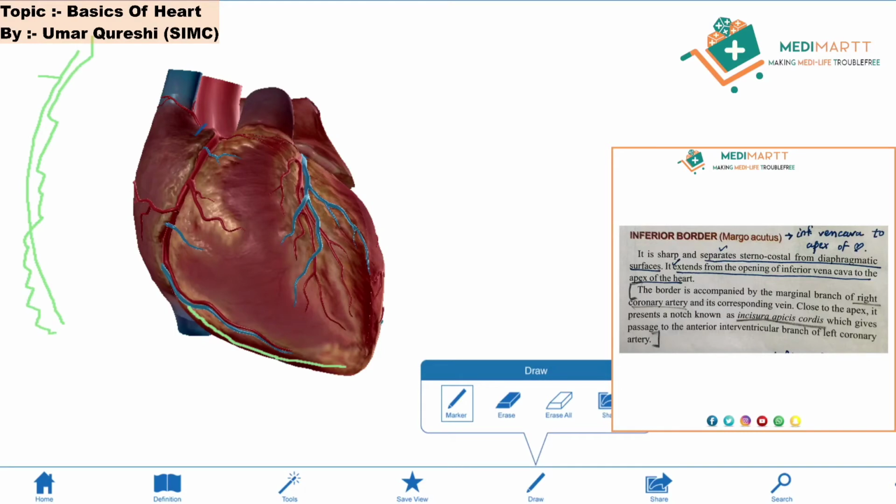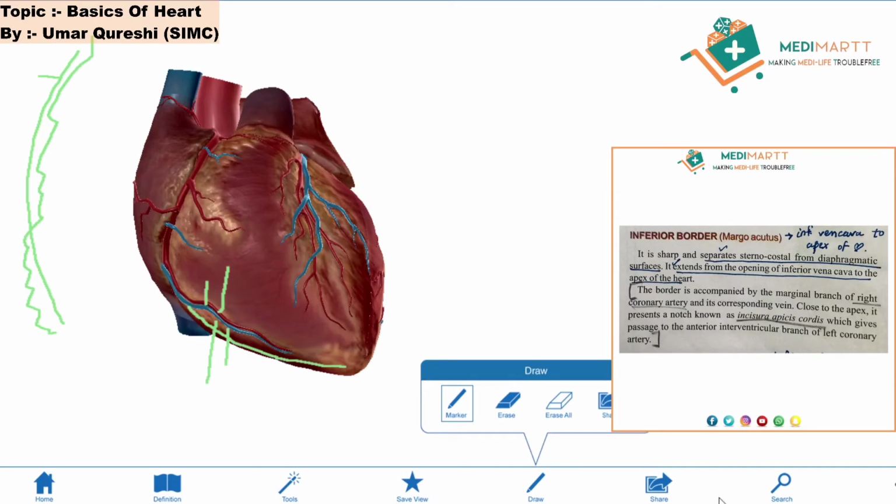The border is accompanied by the marginal branch of the right coronary artery and its corresponding vein. As you can see, there is a red colored artery and a blue colored vein. Corresponding means the same name but in a different perspective. So the blue one is the marginal branch of the right coronary vein. That's the point.